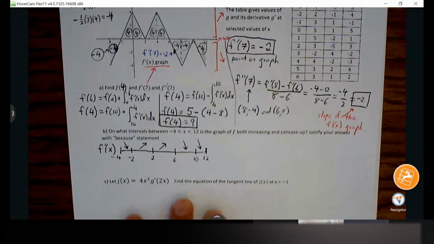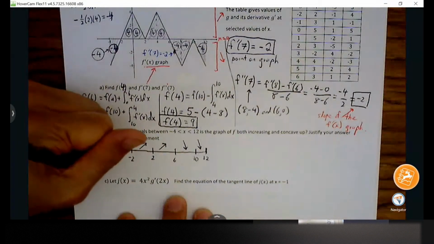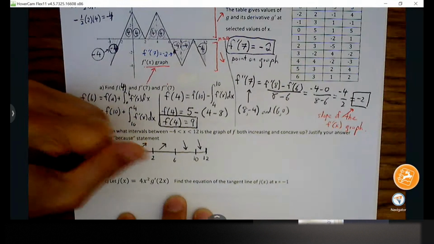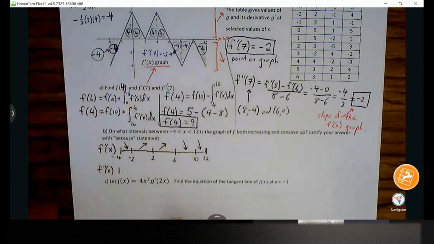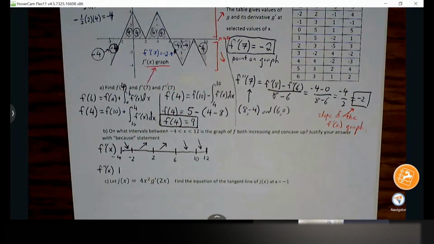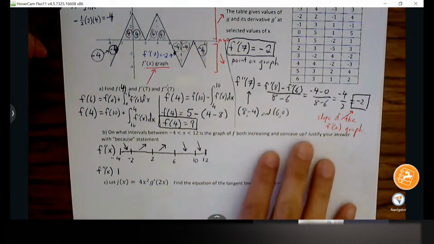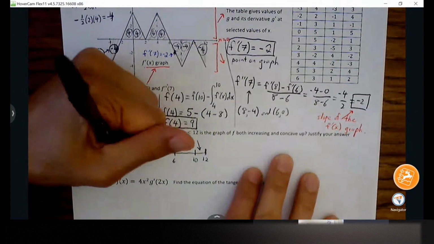All right, time to create our second derivative sign line. But now we want to pull information about concavity. So first we want to pick off our points of inflection. Points of inflection are just going to be the peaks and valleys of our F prime graph.